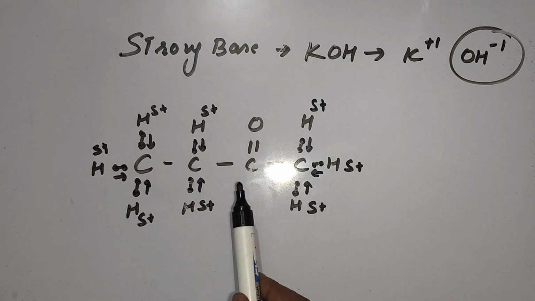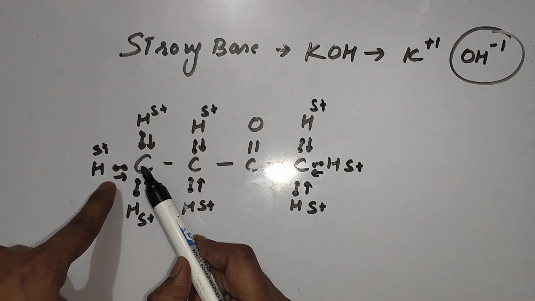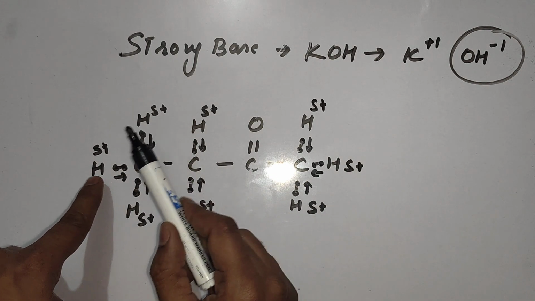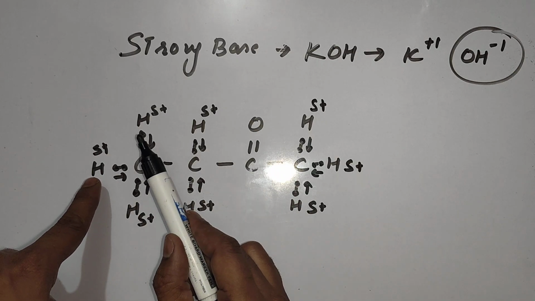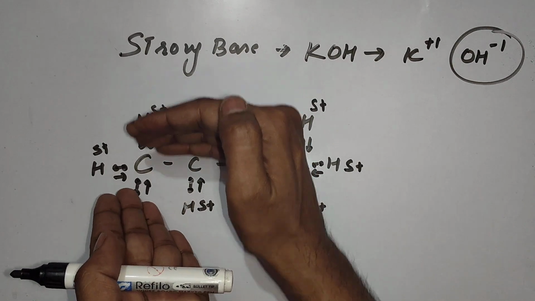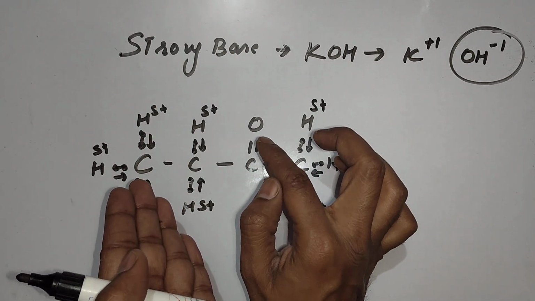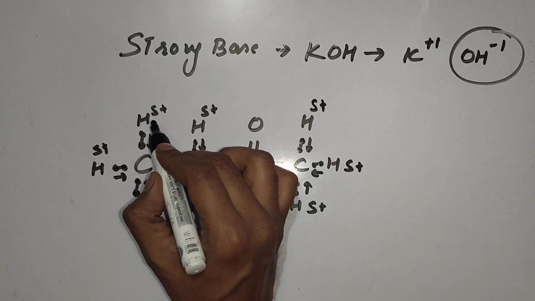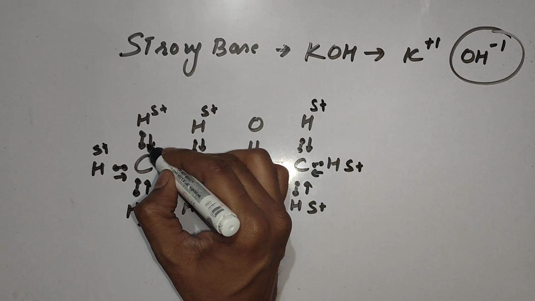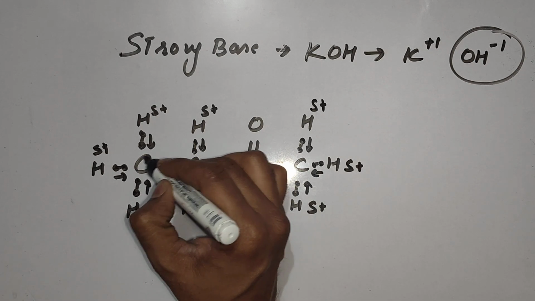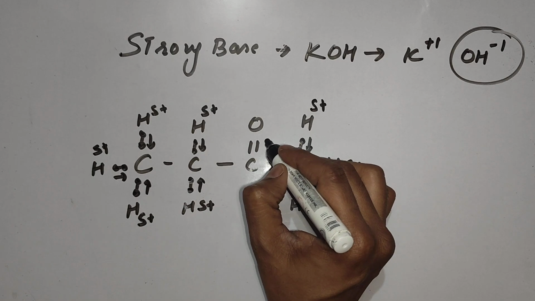But there is a problem on bigger alkyl group. What is the problem? Let's start from this carbon. Number one, these hydrogens are far away from the oxygen. That's why they are not feeling pull of electrons by this oxygen. Because positive charge on hydrogen is developed due to pull of electrons by carbon, which is also affected by oxygen, because oxygen we know is highly electronegative.